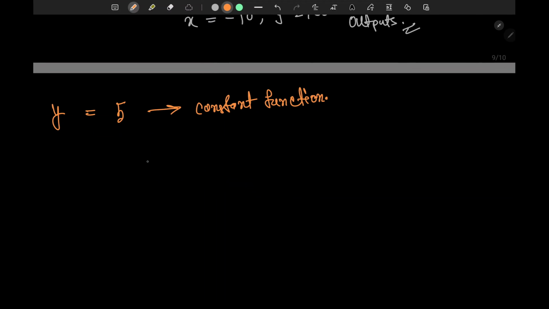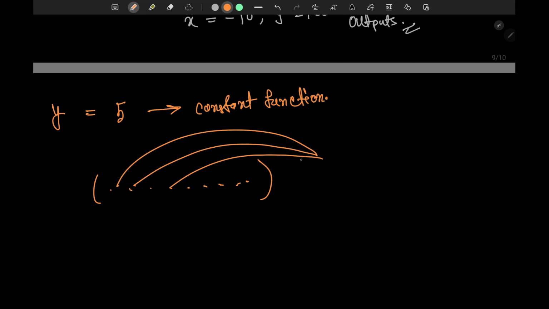So whenever you have some inputs over here, and all these inputs get mapped into only one number, this sort of relation is a function, first of all, and this function is called a constant function.